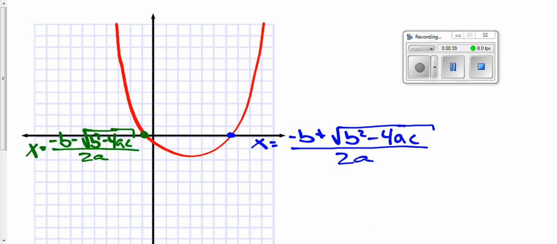Come on, ladies and gentlemen, what does it look like in standard form? Very good. That's my equation in standard form. And we know the quadratic formula yields me my zeros. It yields me this zero and this zero.